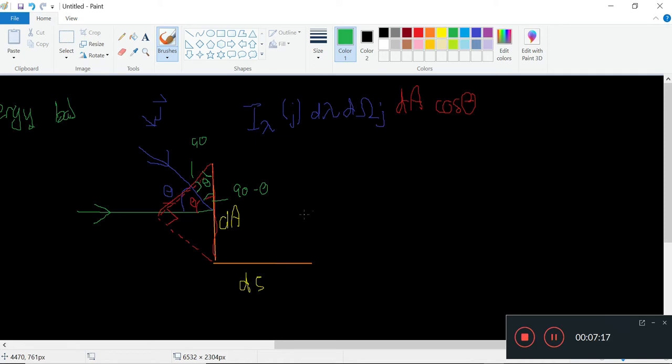So if we want the normal area, what I'm highlighting in green now, we need to multiply by cosine theta.